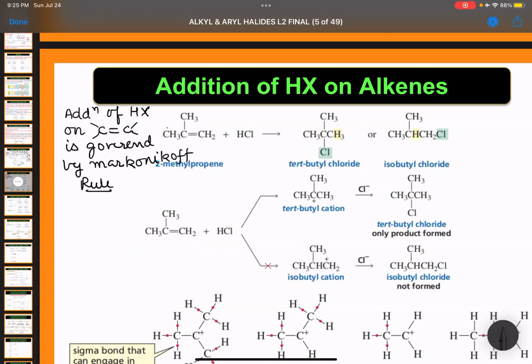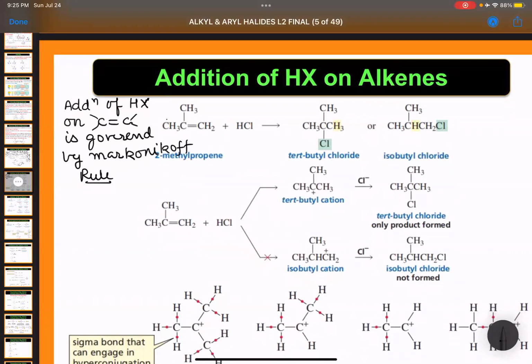rich gets richer. What it means is the H plus will join itself to the carbon bearing more number of hydrogen atoms. This is the carbon atom having 2 hydrogens, and this carbon atom doesn't have any hydrogen.